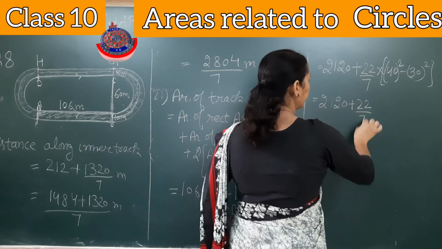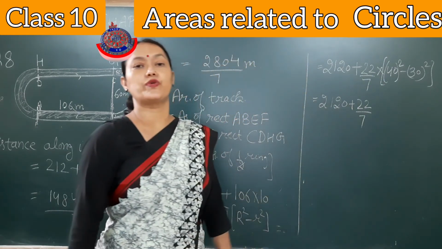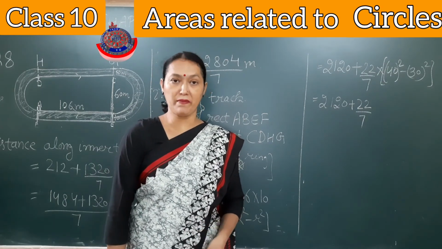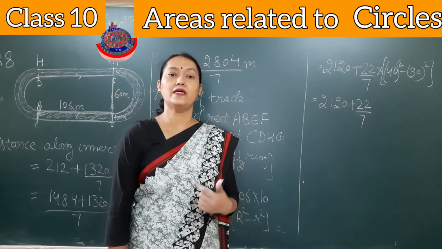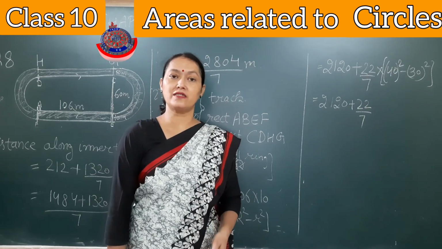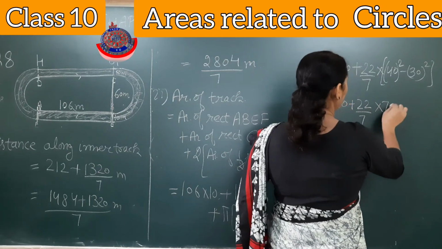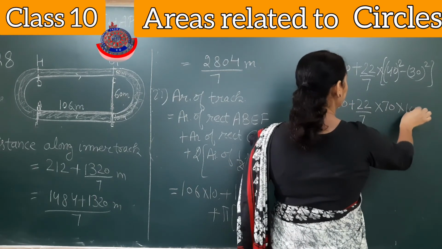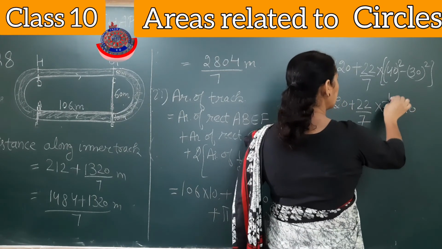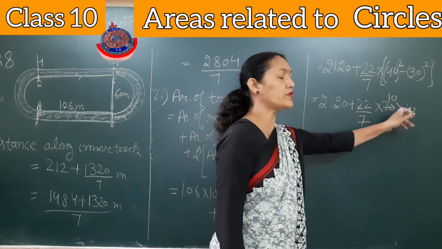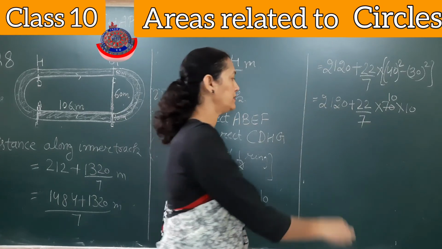By 7, 40 square minus 30 square, a square minus b square, that means a plus b into a minus b, that is 40 plus 30, 70, 40 minus 30, 10. So we'll have 70 into 10. 7 and 70 got cancelled, 10. So we will have 22 into 10 into 10 means 2200.